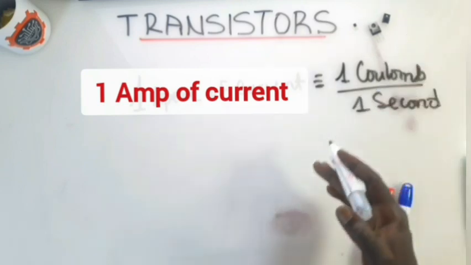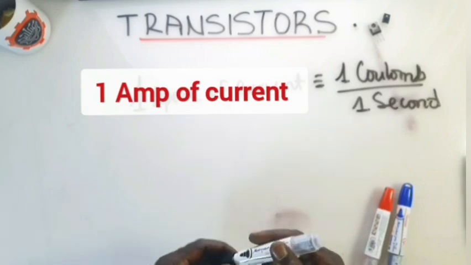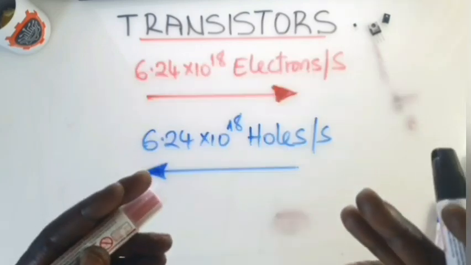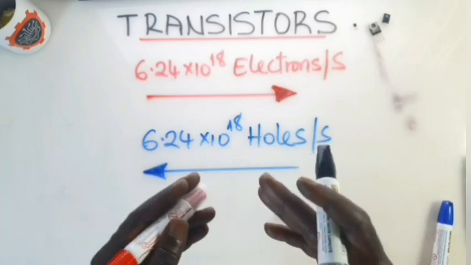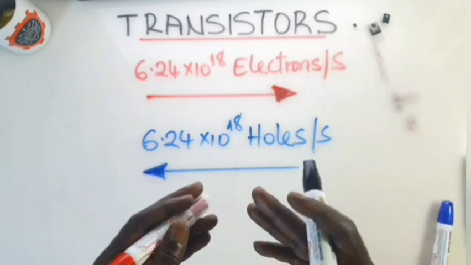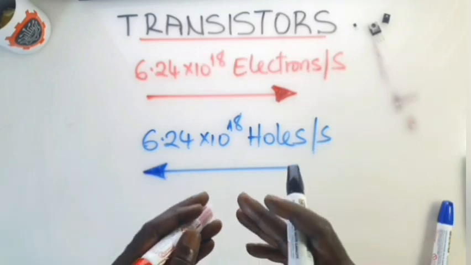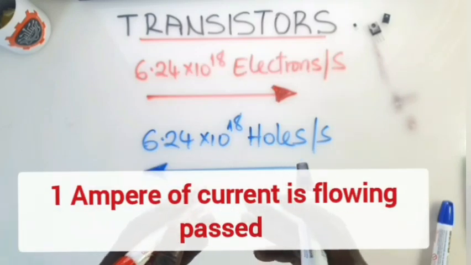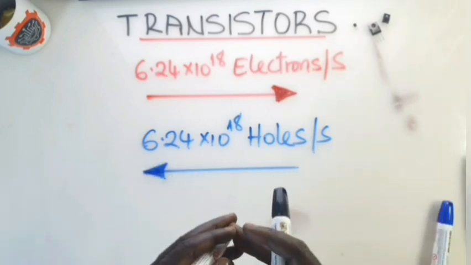So 1 coulomb per second means 1 amp. This simply means that if 1 coulomb of charge flows through a conductor in 1 second of time, therefore we can say 1 amp of current is said to have passed through the conductor.